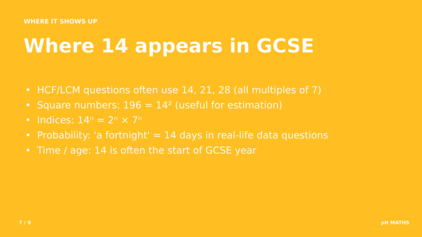Where 14 actually appears in your exam: HCF and LCM questions often pair 14, 21, 28 and 42, all multiples of 7. Square numbers: 196 is 14 squared, useful as an estimation anchor for 200. Indices: 14 to the n equals 2 to the n times 7 to the n. Probability questions that use a fortnight as the time period, and age questions, 14 is often the start of the GCSE year.